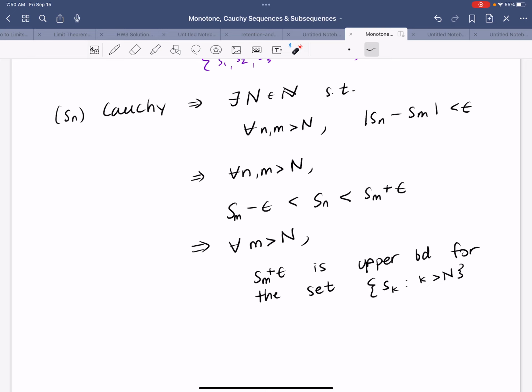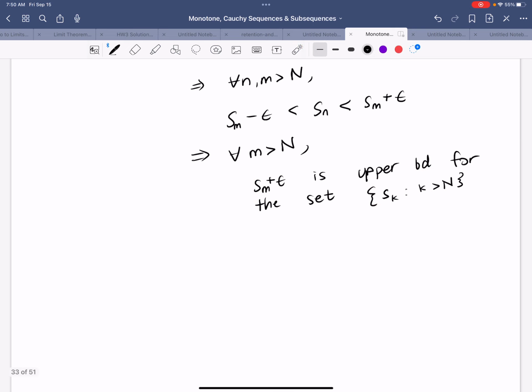Now, I have an upper bound for this set. That means Sm plus epsilon is greater than or equal to the sup of the set, because the sup is the least upper bound. Yes?